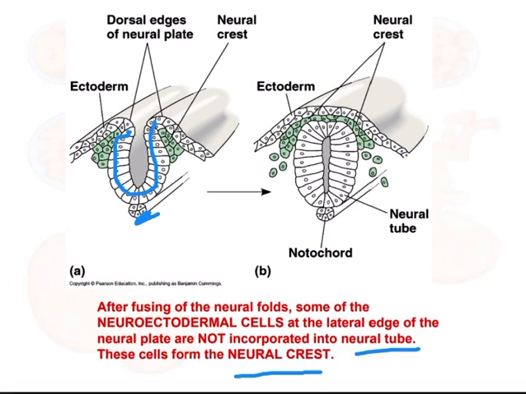When we have this folding, we call it the neural plate. Next to it we have cells that did not form the tube, this complete tube, which we call the neural tube. Whereas these small cells are the crest, the neural crest. We will talk about why they are important next.